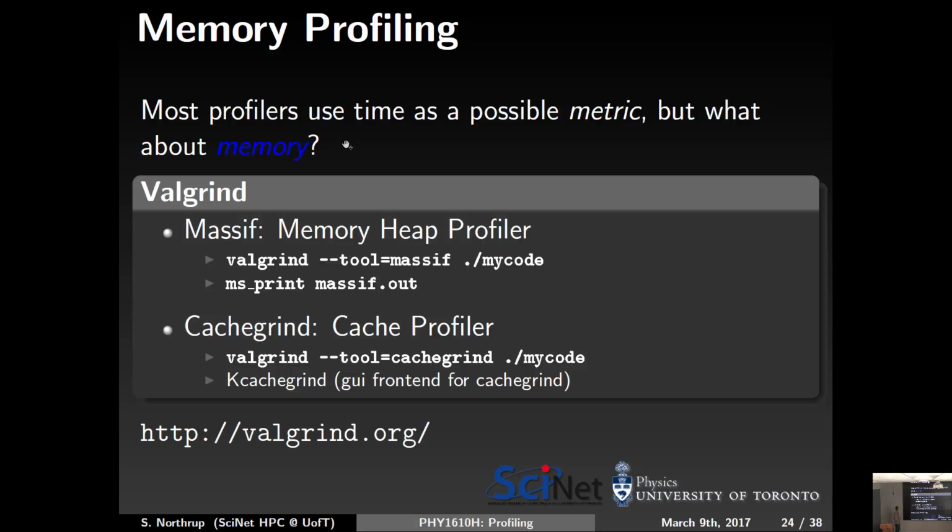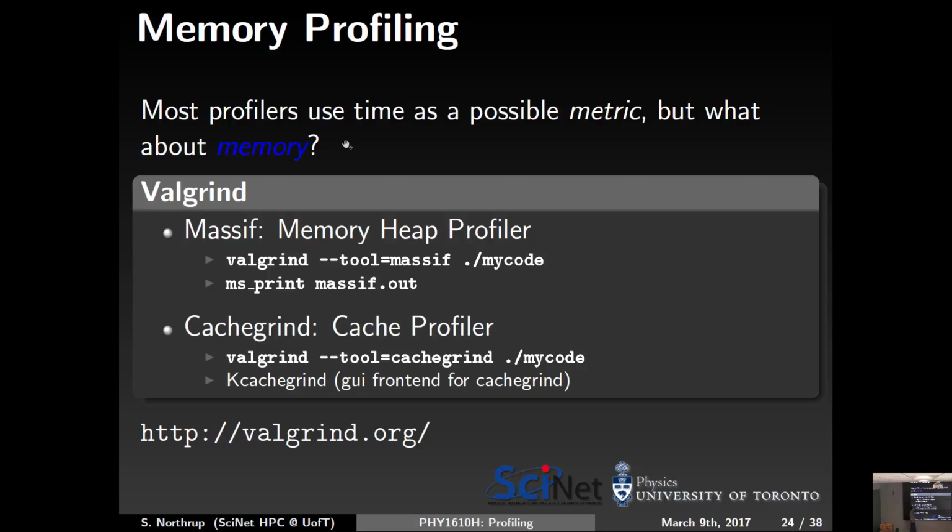Valgrind is a tool that actually has a whole bunch of sub-tools, a group of tools that do memory interactions. It was originally designed for the KDE graphical desktop, but it's become a much more powerful tool across multiple platforms to look at how memory interacts with the operating system. One thing you can do is run a heap profiler.